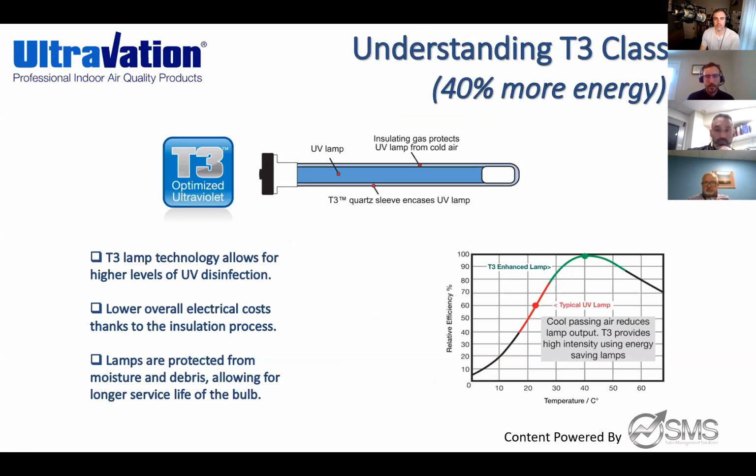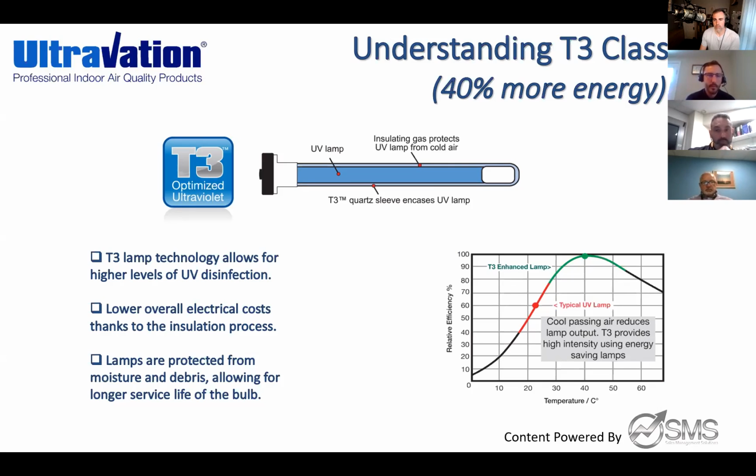Cool. So go ahead and jump to the next. Another thing we want you to understand is our T3 class UVC bulb. This is a feature you're going to see with Ultravation, and you won't have to worry about this too much, especially in the commercial aspect of things, but we did want to point out our patented T3 bulb, which is encased with a quartz sleeve and has insulating gas that protects the UV lamp from cold air.